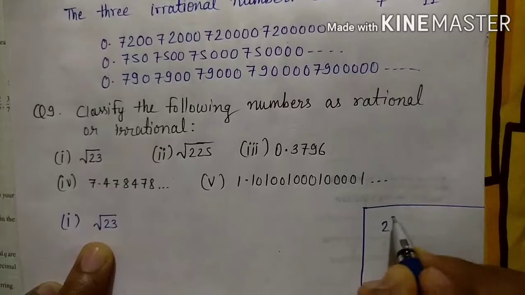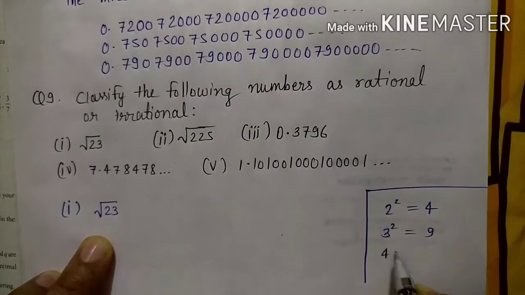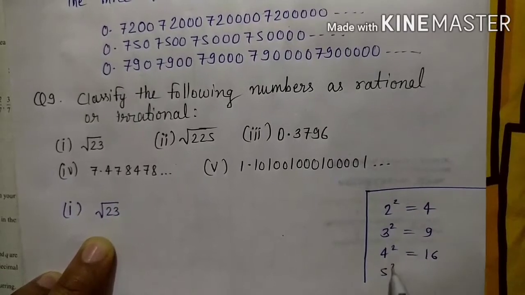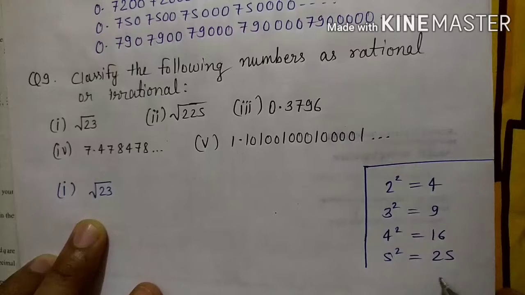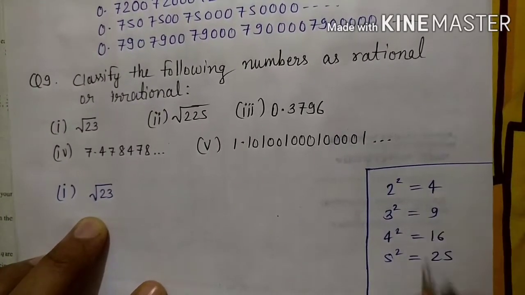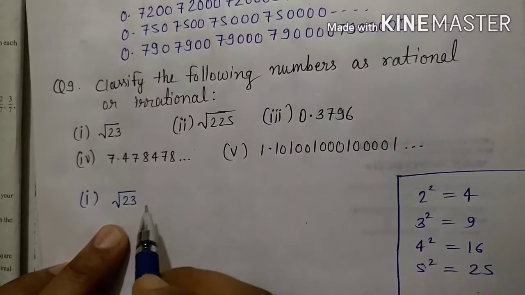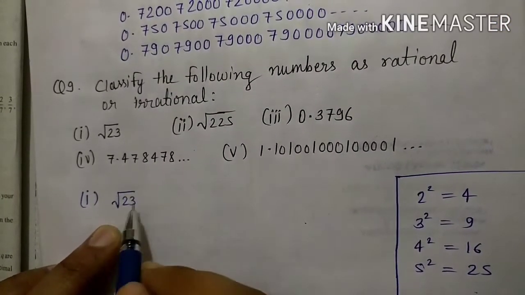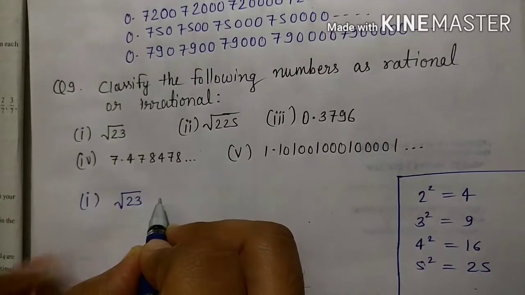Now you know that 23 is not a perfect square. Why am I saying perfect square? Because you know that 2 squared is 4, 3 squared is 9, 4 squared is 16, 5 squared is 25, and if we move forward, 6 squared is 36 and so on. So 23 does not come in the perfect square table. We know that those numbers which are not perfect squares, if you put them under root, become an irrational number.